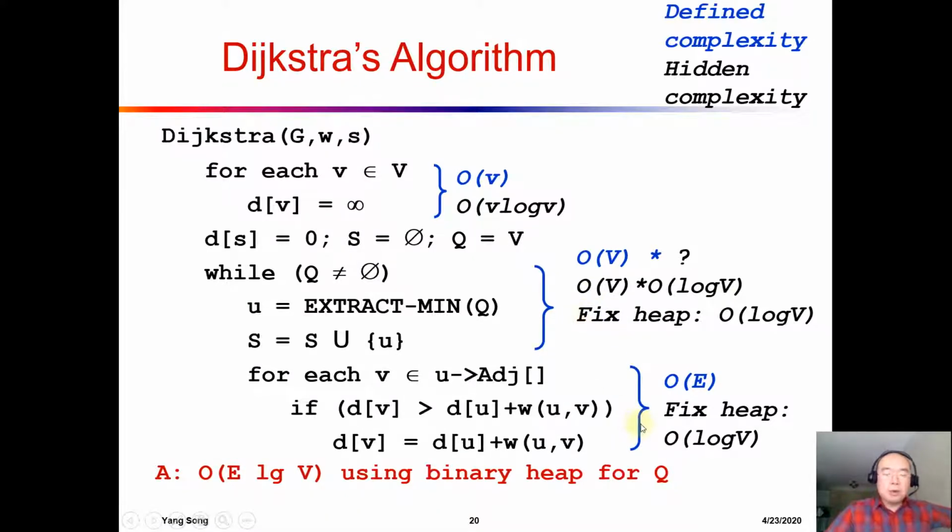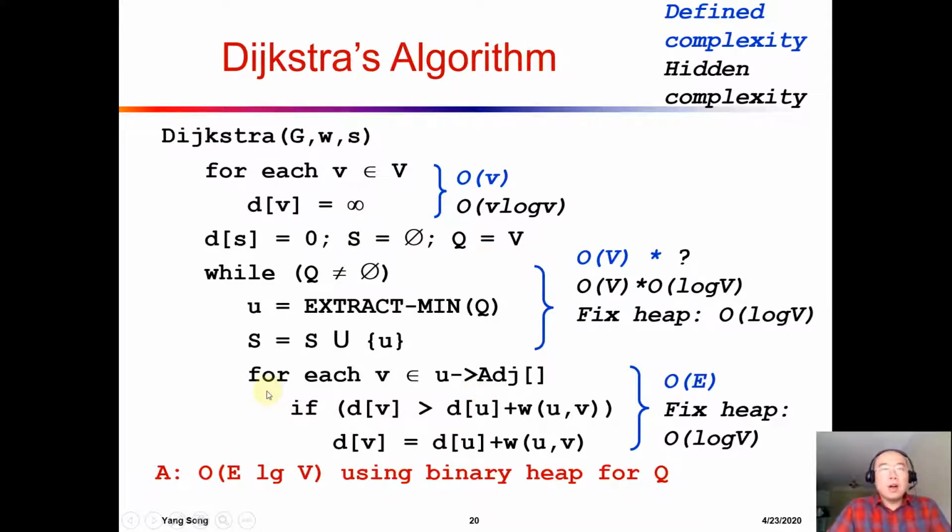For the rest, for each of the edges, we only visit that once because that is a directed graph. When we are doing this part for each of the V, we try to find the adjacent nodes by using the edges. So we are going to visit all the edges guaranteed in this for loop.